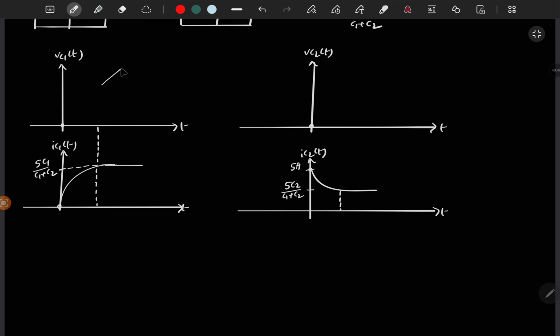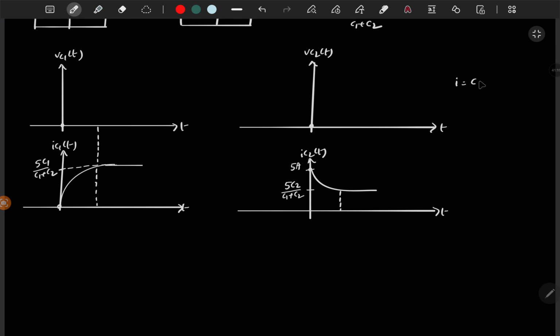I mean, from here it should appear like this, right? And before that, let's analyze what will happen. Since both the currents are positive, both the capacitors should charge to some voltage, right? So it should not discharge. Both the capacitors should charge because the currents are positive.